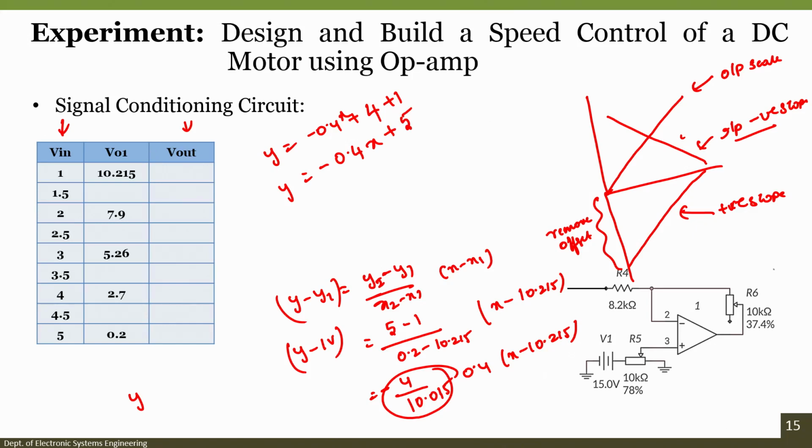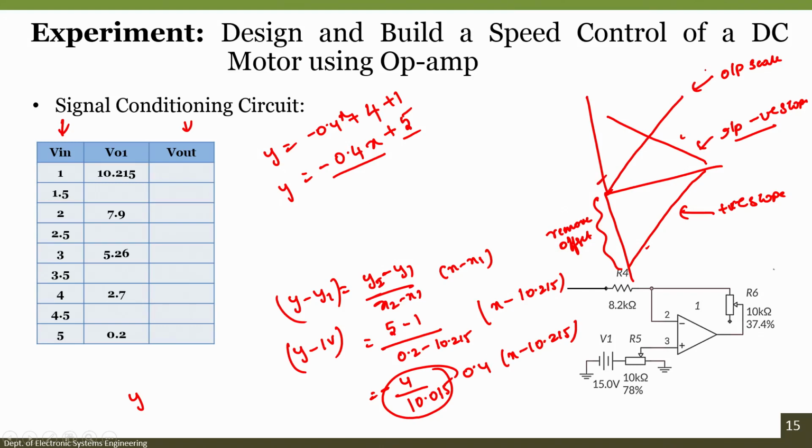So, first, when I provide a negative slope, I will get this particular signal, which is a positive slope, because initially we had a negative slope and we have to change it to a positive slope. Then I have to shift it a little bit. For shifting we are using an offset, which is 5 volts. So, when I provide a 5 volt signal, it will go to 0 to 1.